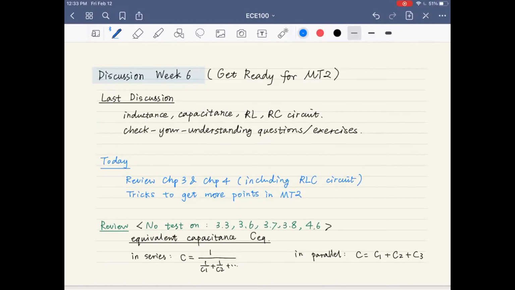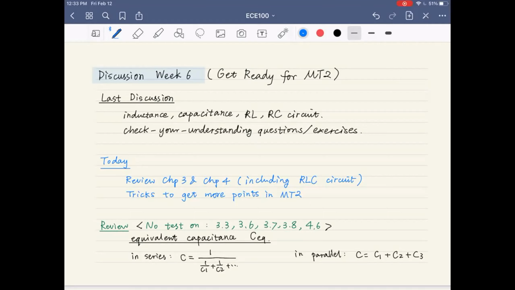Today, we will give a quick review of chapter 3 and chapter 4, and some tricks to get more points in Midterm 2. Last time the time was so short and we had so many questions to go through. I noticed that some of us just wrote on the answer sheet, "Sorry, I have no time.